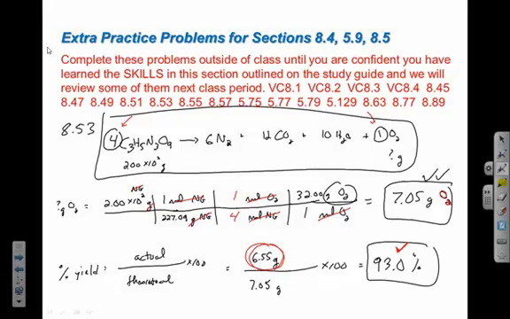What about a scenario where my measured yield, or my actual yield, is greater than the theoretical? Is that possible? Is it possible to actually collect, in this example, more than 7.05 grams of oxygen?